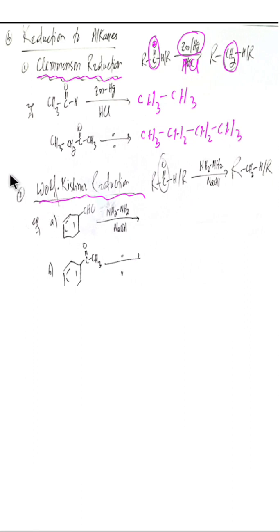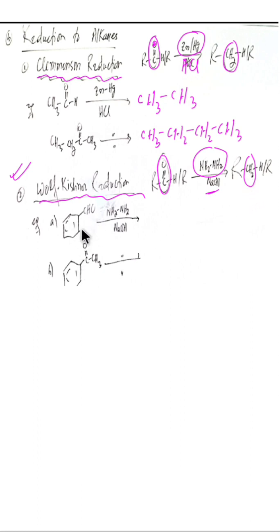The second type of reduction to alkane is Wolff-Kishner reduction. In Wolff-Kishner reduction, aldehyde or ketone is reacted with hydrazine, NH2NH2, along with a base. Then here also the same change takes place. CO is reduced to CH2.